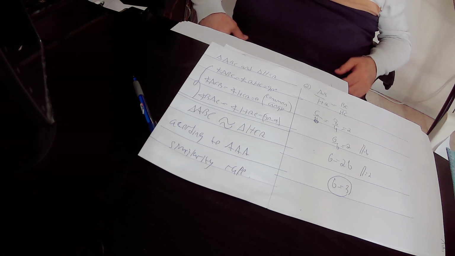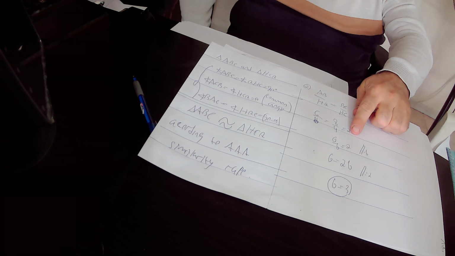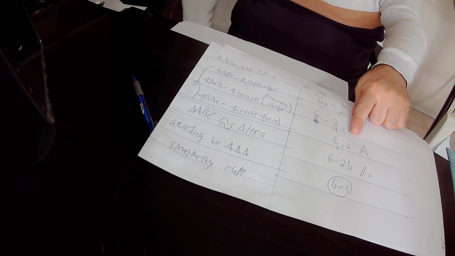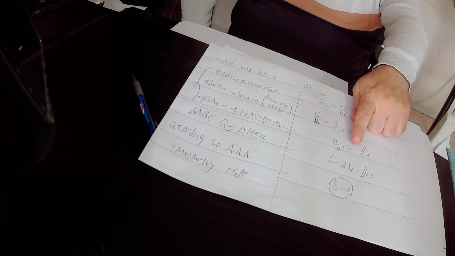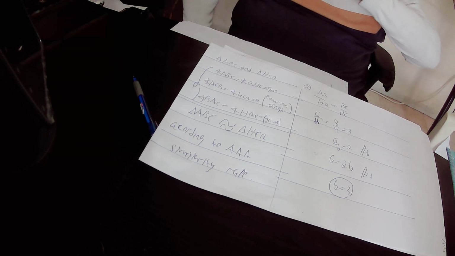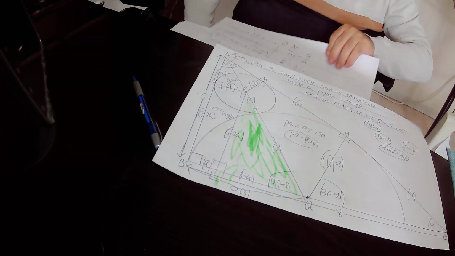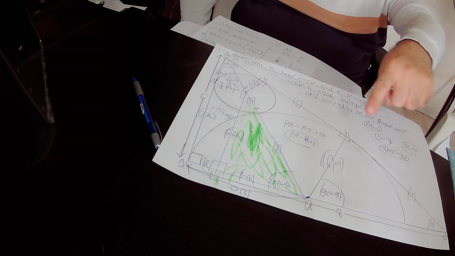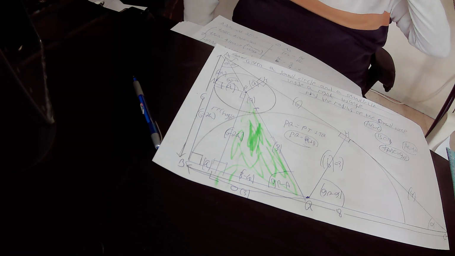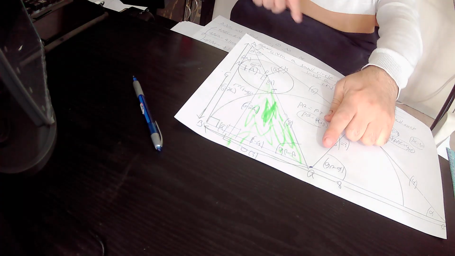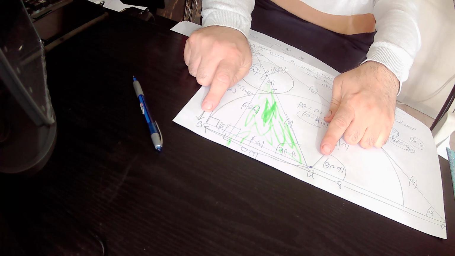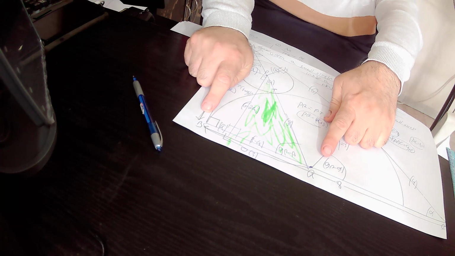So 6 over b equals 2. We multiply this equation by b, so 6 equals 2b. We divide this equation by 2. We finally found that the missing radius b is equal to 3 units in length. This is the radius b of this semicircle, and it equals 3 units in length. QB is also the radius of this big semicircle, therefore it is equal to 3 units in length.